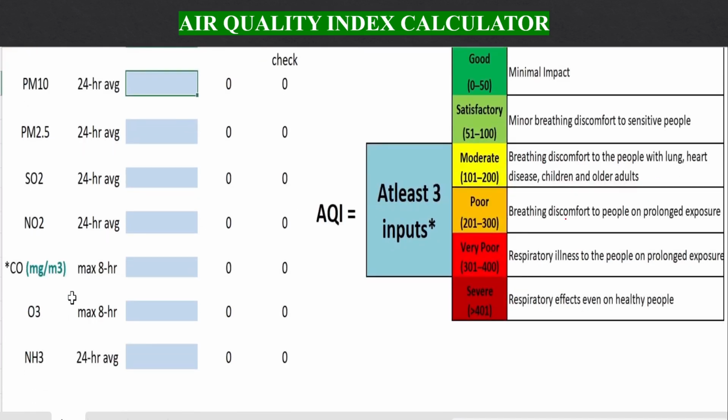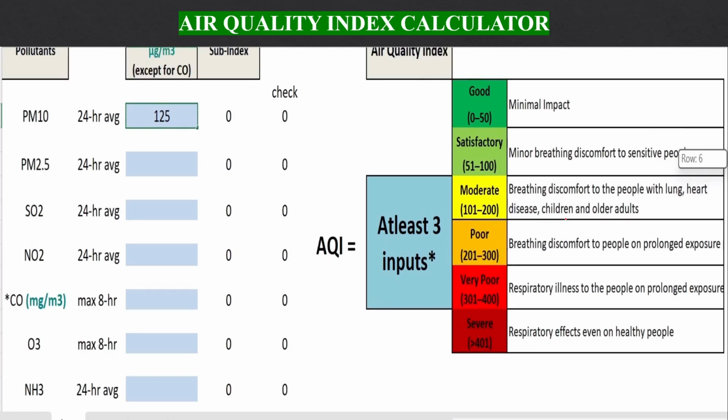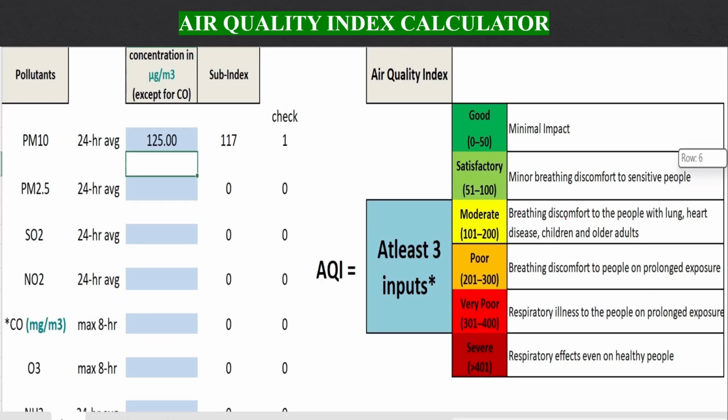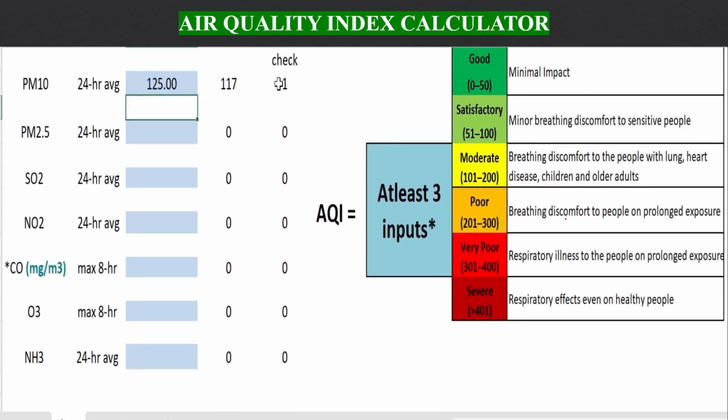So I put in values accordingly. When I put the value for PM10 as 125 microgram per meter cube, the sub-index is calculated as 117, and the check shows 1. Check means if the value is greater than the standard, it shows 1, otherwise it shows 0.